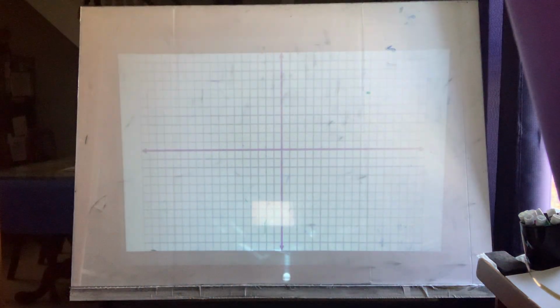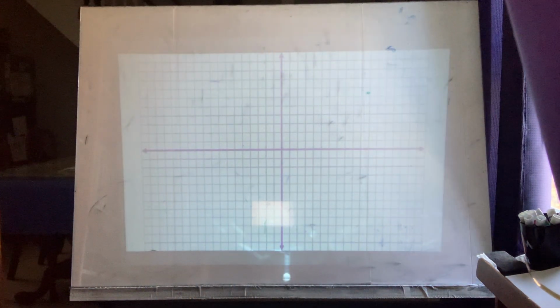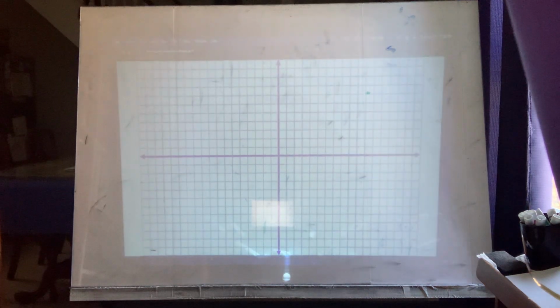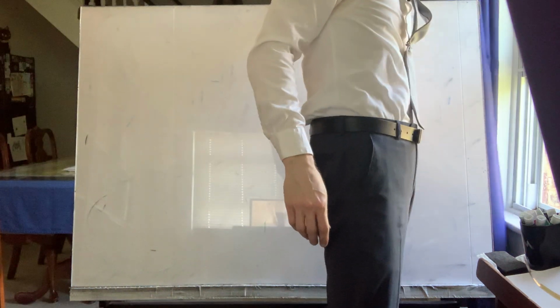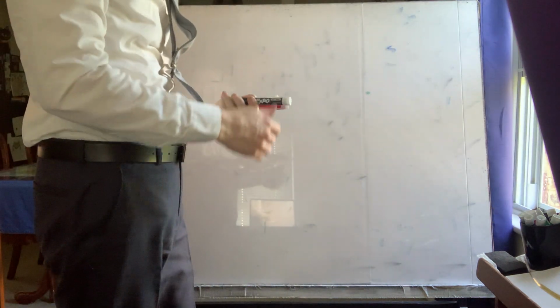Turn this off, and I think I'm pretty good with my projector today, so I'm going to put that off and spin the bulb here. Alright. Thankfully, so much more light.